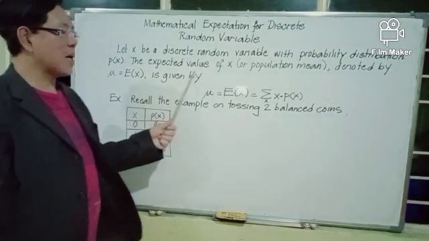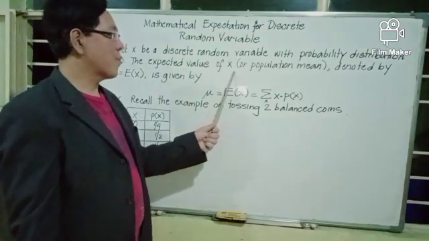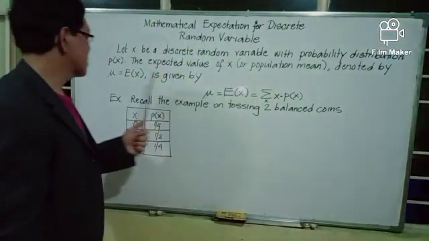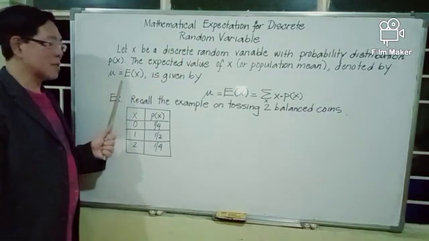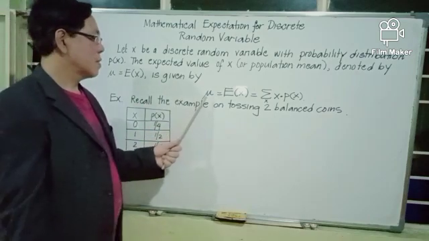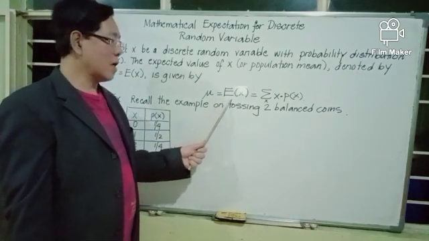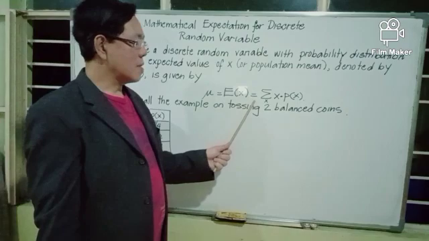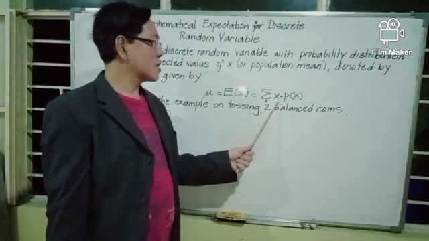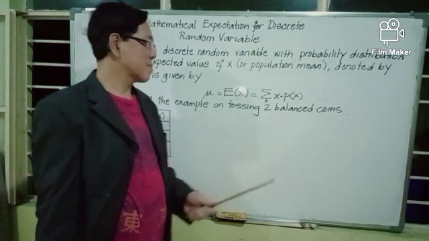The expected value of x, or population mean, denoted by mu equals E of x, is given by mu equals E of x is equal to the summation of the products x times P of x.